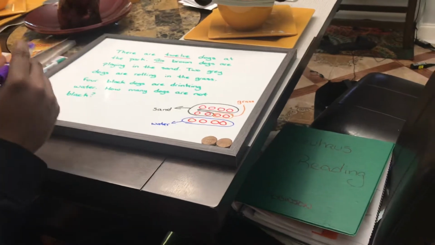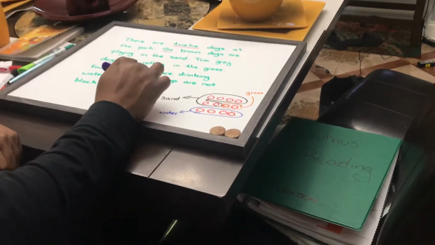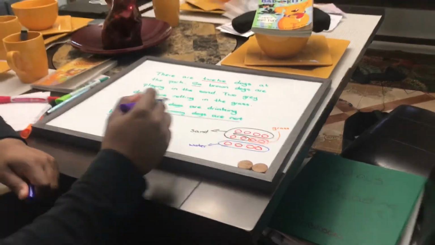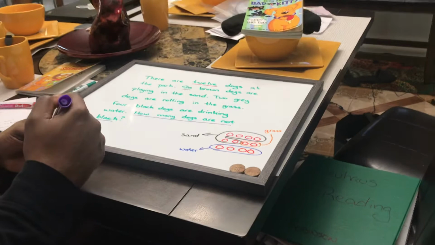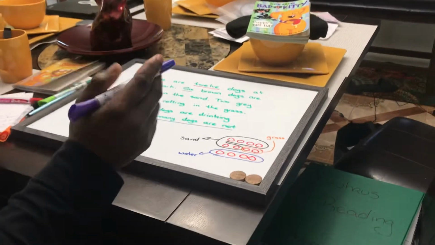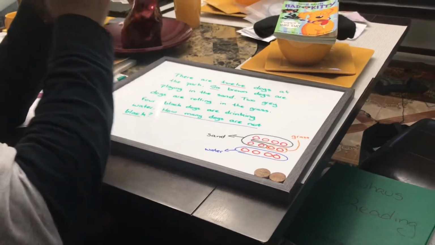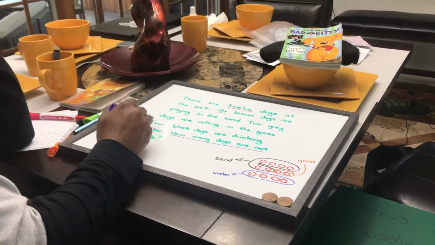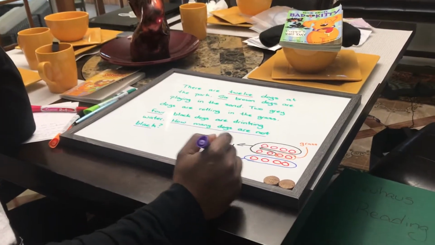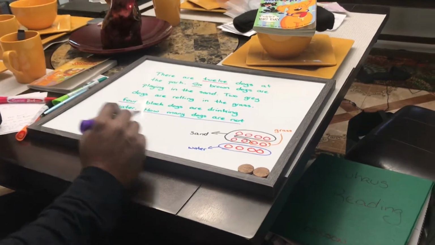Now remember, here is the question. This is what we're solving for. How many dogs are not black? So remember, we go back up here and it says 4 black dogs are drinking water. So how many dogs are not black?